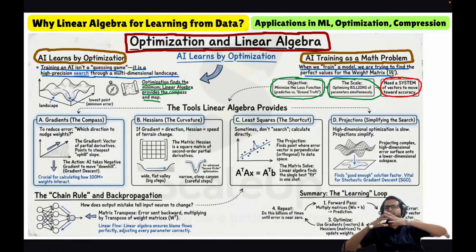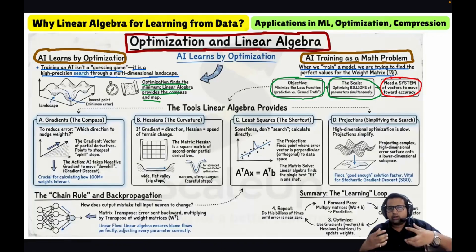So now it is very clear to us that training an AI model is like a high precision search through a multi-dimensional landscape. Optimization is the process of finding the lowest point in that landscape, and linear algebra provides the compass, the map, the tool to find the lowest point.